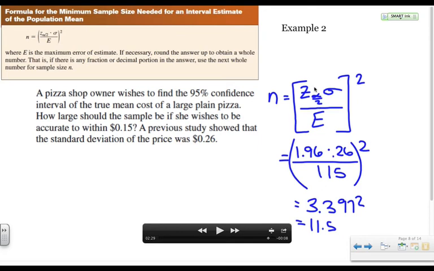I try to copy the examples so that I don't mess them up, and I think I messed up when I was writing numbers down. Margin of error should be 0.15, and that would probably change these numbers a little bit. But what it will do is it will give you the population size.